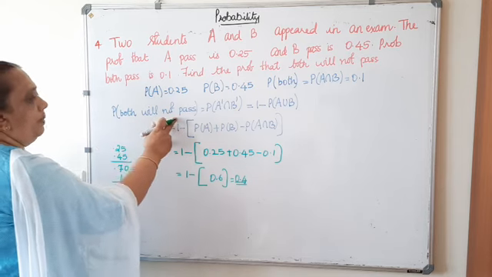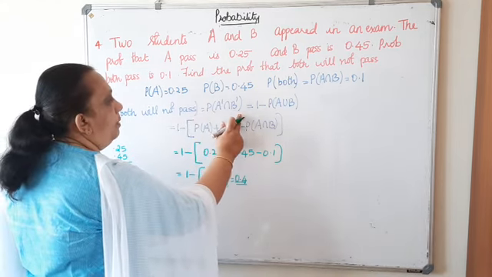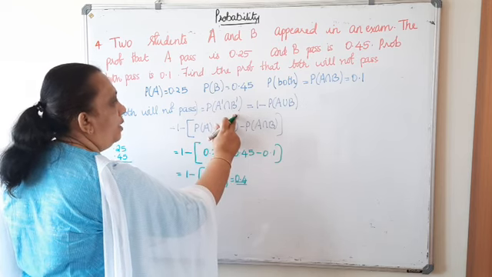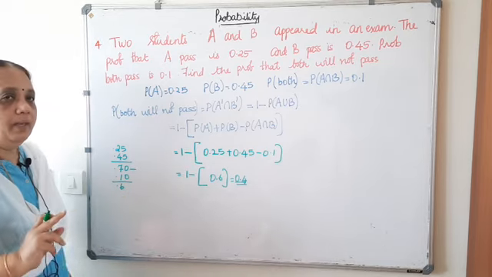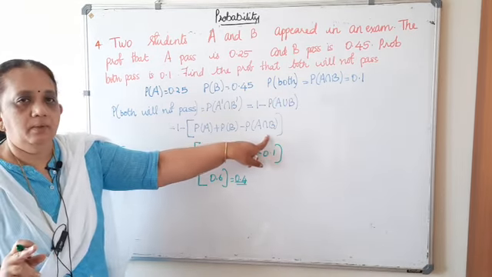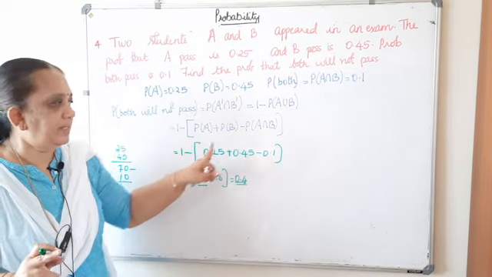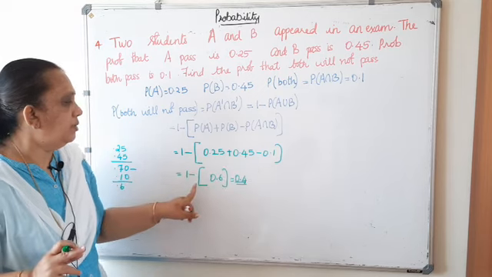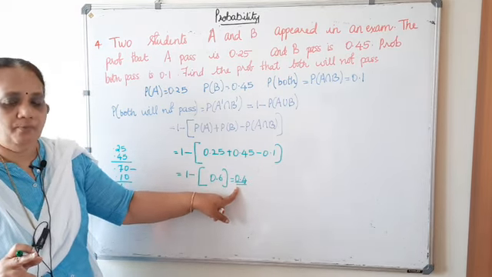Probability both will not pass can be written as probability of A complement intersection B complement, A not passing, B not passing. That is equal to 1 minus P of A union B, which is 1 minus P of A plus P of B minus P of A intersection B. Substituting the values, you get 1 minus 0.6 is equal to 0.4.